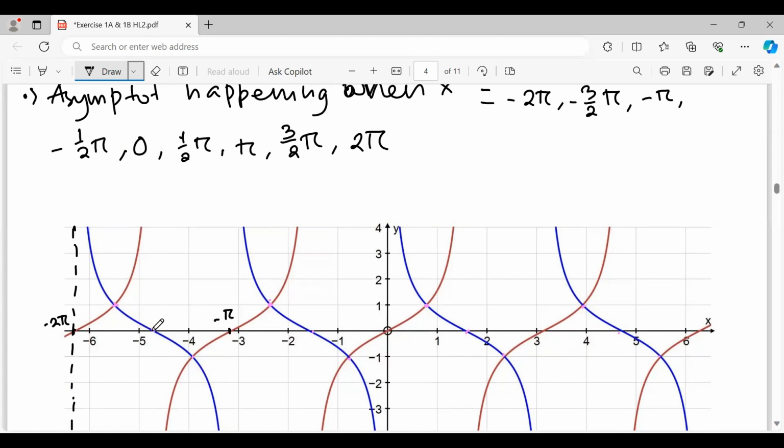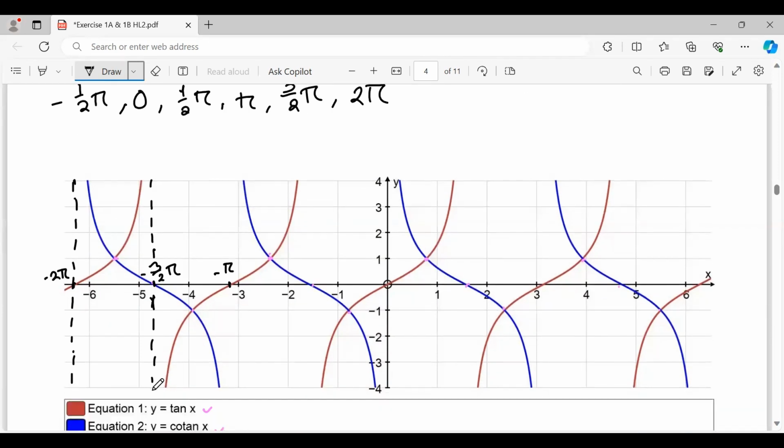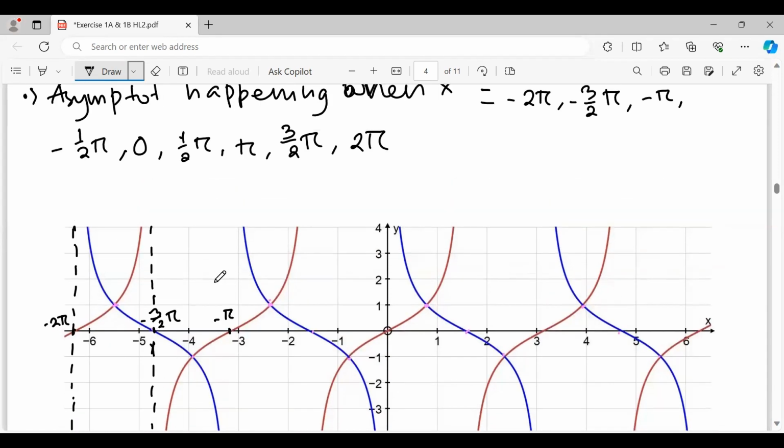This one is minus 3 half pi. So the asymptote are here. In your book, you may sketch the straight line. After that, minus pi here.